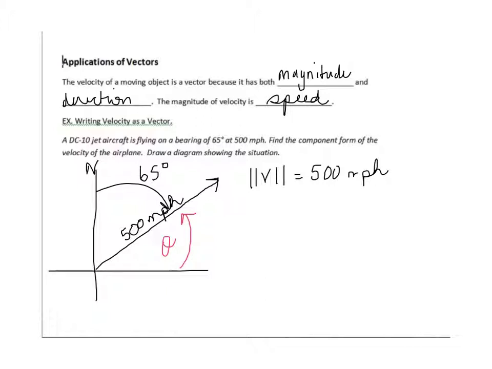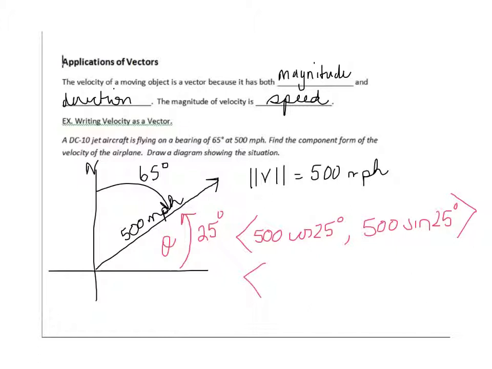So it is actually 25 degrees. So when we go to write the component form, we have 500 cosine of 25 degrees, 500 sine of 25 degrees, and then when you work that out on your calculator, you have 453. Make sure you're in degree mode. And then you have 211.31. That's the component form of the velocity.